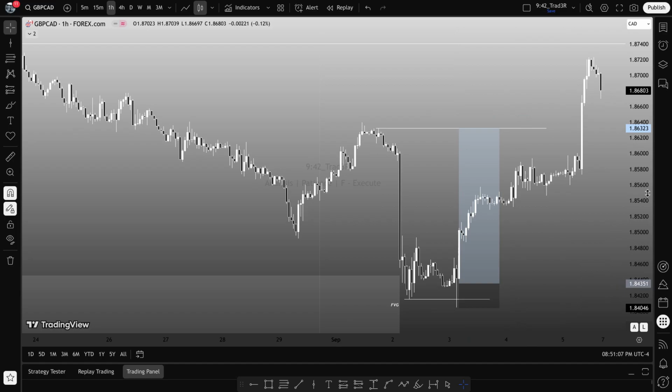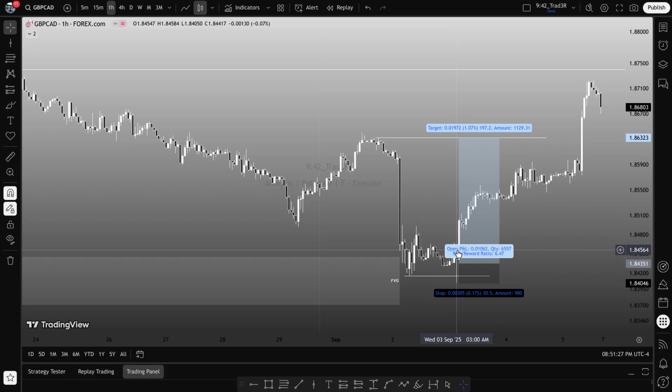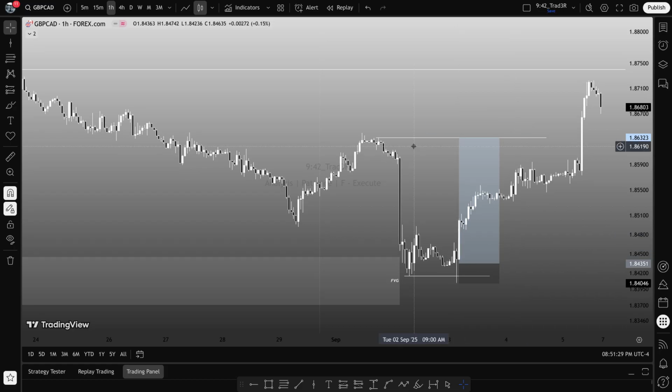Beautiful time and turtle soup to liquidate this sell side liquidity, and immediately price closed above this particular 1 hour down close, rejection bearish candle. That's the signal to take a trade, but you can still go down to the 15 minutes or 5 minutes to look for a more refined entry.